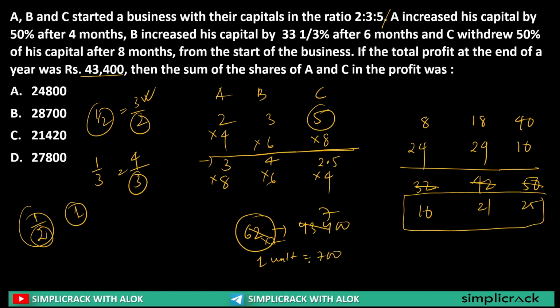What do I have to find out? I have to take out the sum of the shares of A and C, that is 16 plus 25. So 25 plus 16 multiplied by 700, this is 41 into 700, which is 28,700.